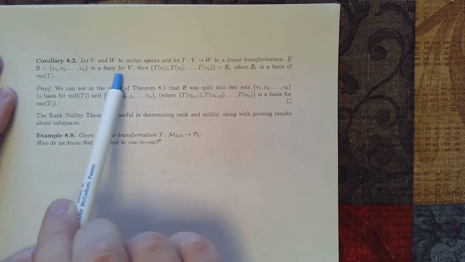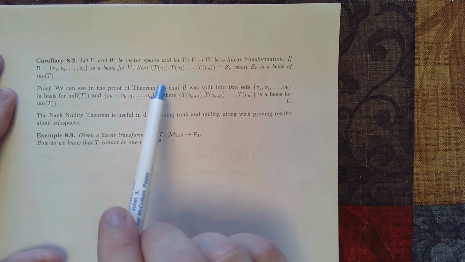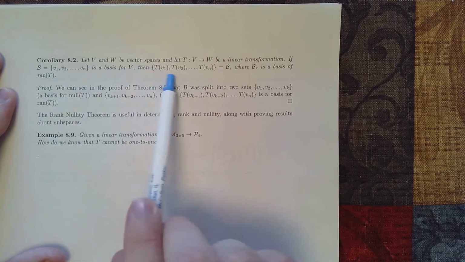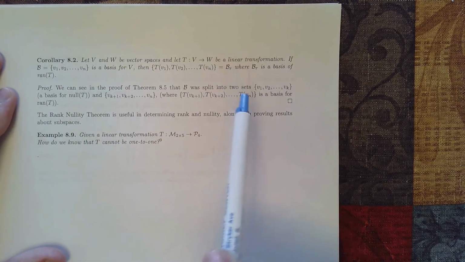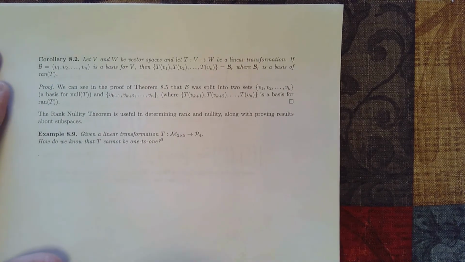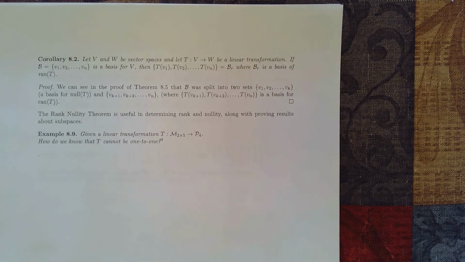If we have a basis for the domain, then we can transform each of our domain vectors to form a basis for our range space in order for us to get the range of T.